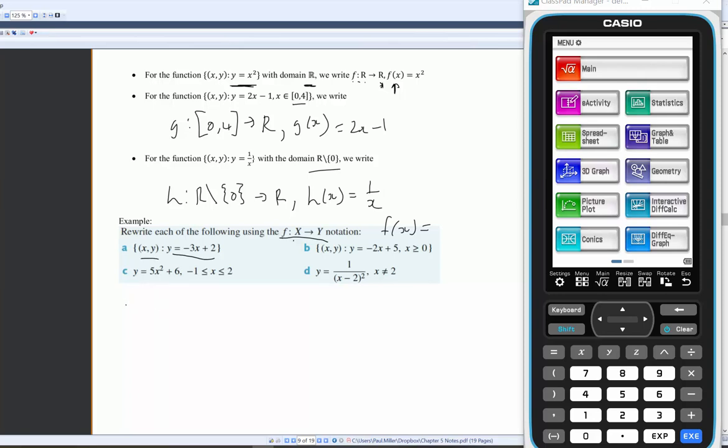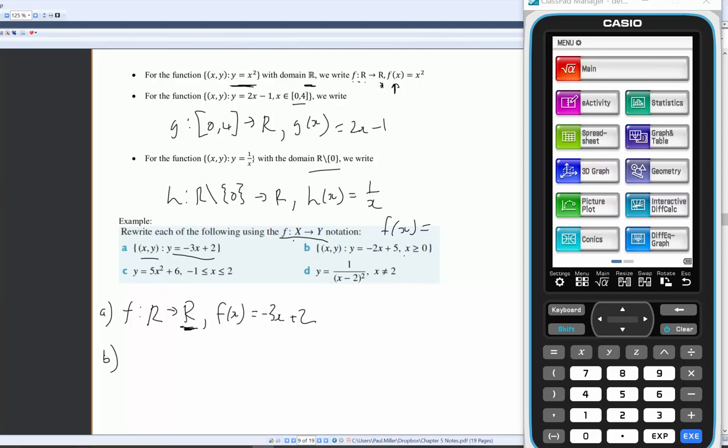So we'll call this one f of x. We'll say f is a function such that the domain is the set of all real numbers mapping to, in methods, remember the codomain is always the set of all real numbers, where f of x is negative 3x plus 2.